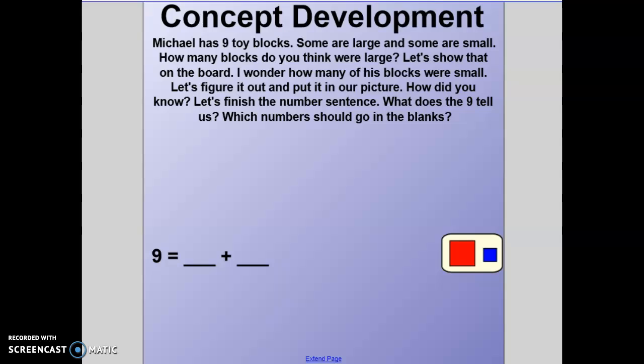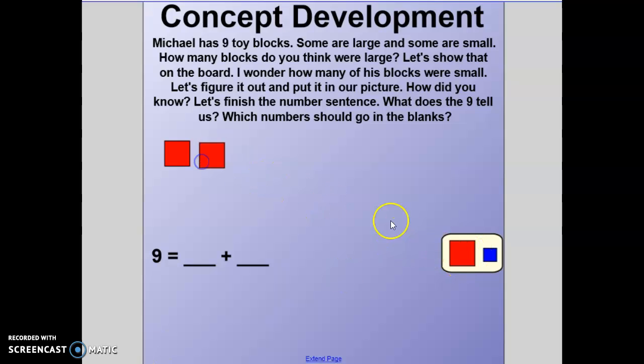If you want, for extra dojo points, you can draw me another picture with some large and small blocks and write a number sentence, and that would be great. I'd love to see that. But here we go. So the red ones are our large ones.